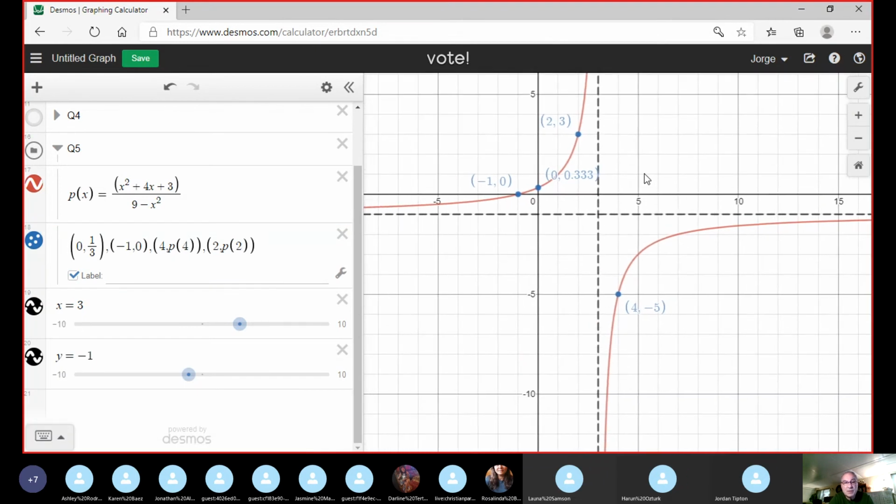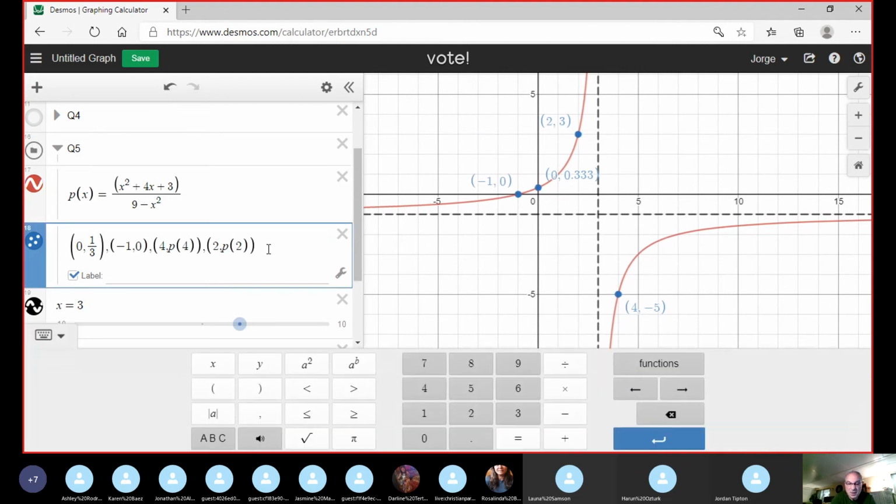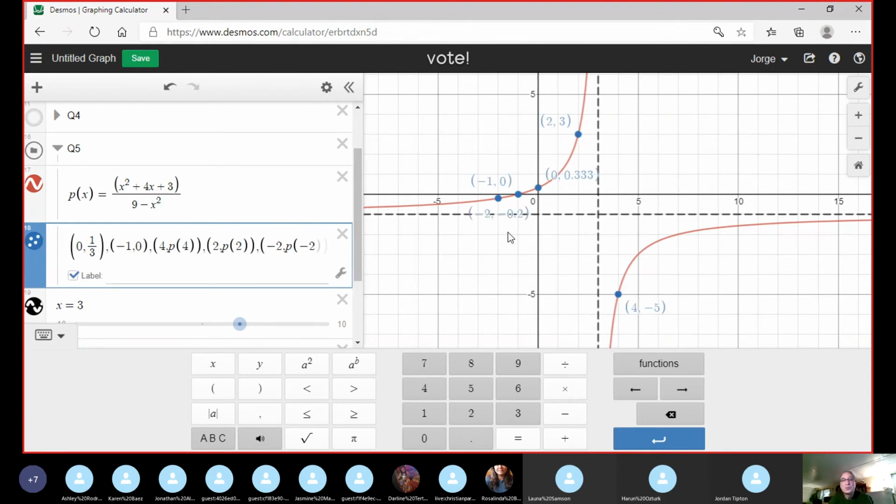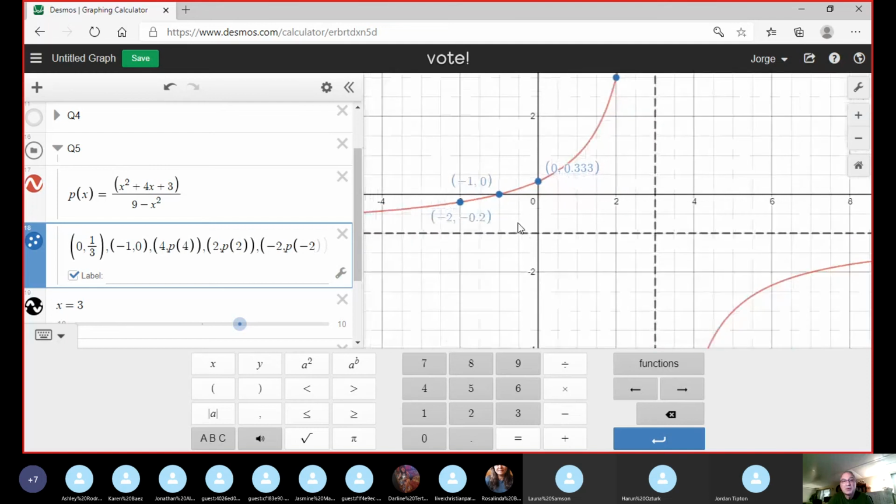And finally, what is the last one? Last one I don't remember, was negative 2, no? Negative 2, yeah. Comma, negative 2, P, evaluate inside. You put it inside the argument, in the parenthesis, negative 2. Maybe negative 2 is not good. I evaluate negative 4, but it's the same.